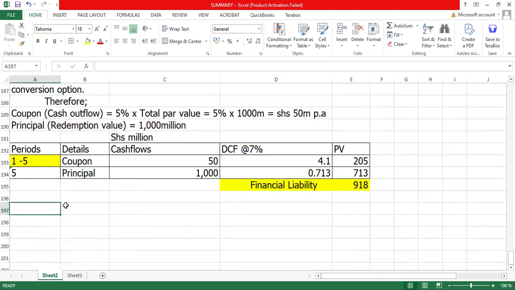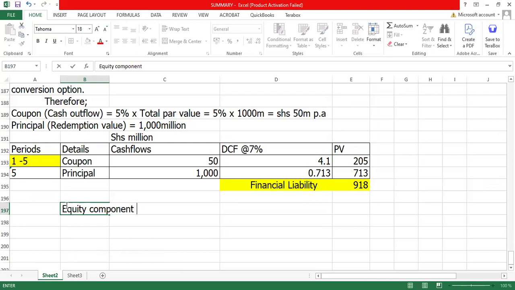So here I'm going to get the equity component. The equity component will be equal to the total proceeds minus the financial liability.